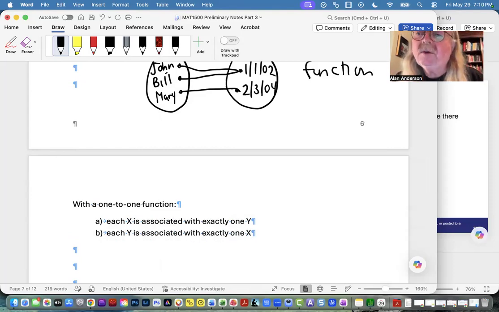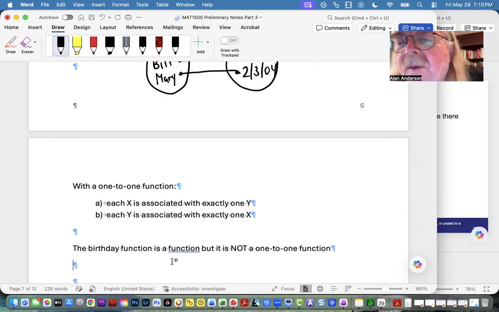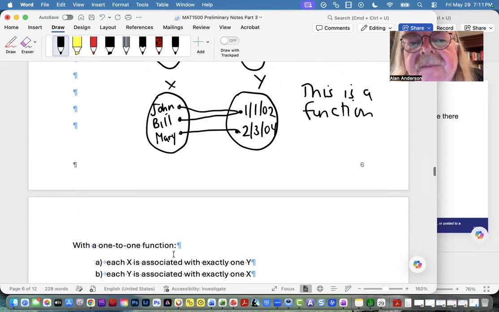So in other words, it cuts both ways. And so this birthday function that I just showed you, well, it's a function, but it is not a one-to-one function because more than one person has the same birthday.